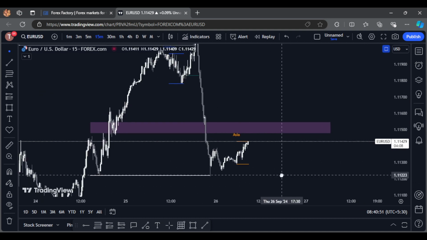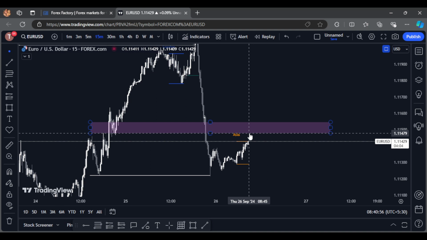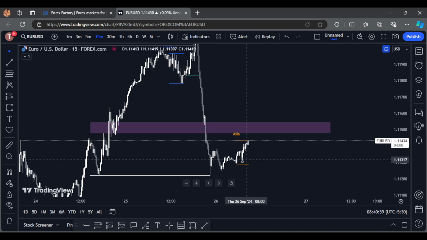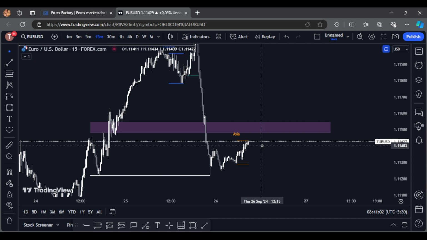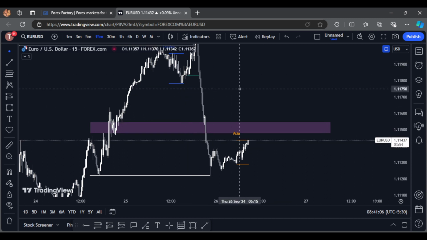So if that scenario doesn't happen, that is, if we are not going to respect this level and we respect the strong low within this move, most likely we are going to mitigate the 50% of this current move, and then we are going to see a reaction into the downward direction.